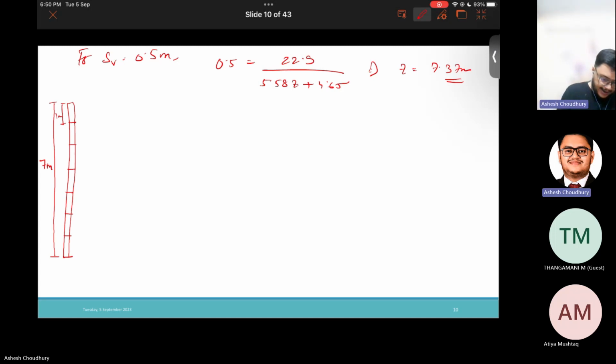We saw that from the top up to here we can provide 1 meter spacing.